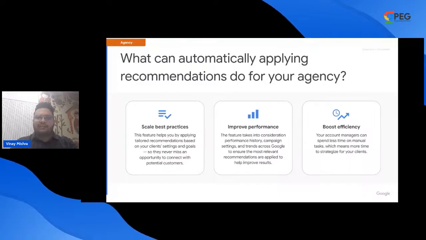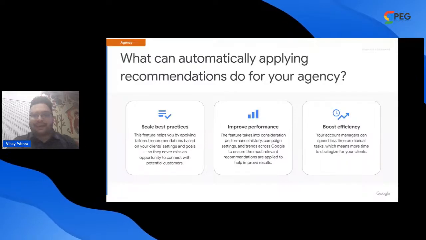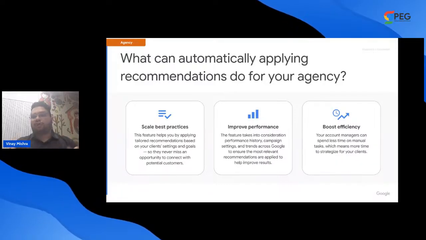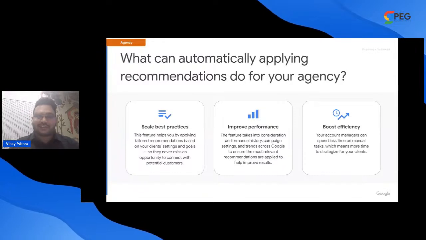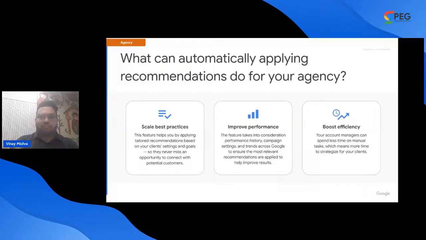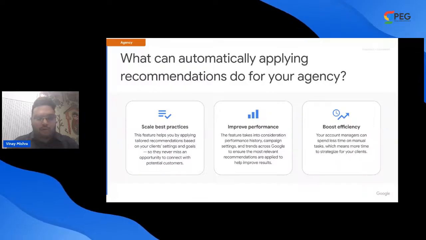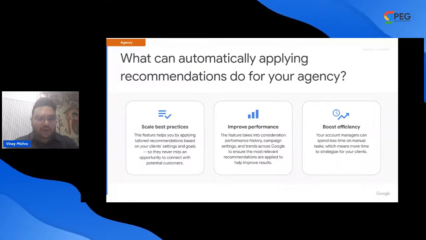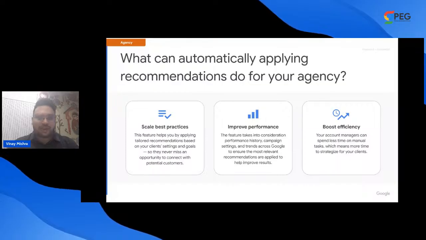Now, let's talk about what automatically applied recommendations can do for your agency and what is in it for an agency here. First and foremost, when we're talking about an agency, we are talking about hundreds of accounts being managed at the same time.